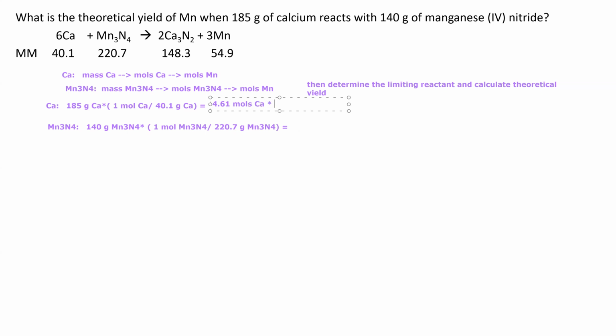Then we're going to multiply it by the mole ratio. Since we're starting with calcium, it's going to go on the bottom. So we have 3 moles of manganese over 6 moles of calcium. So this would equal 2.31 moles of manganese.